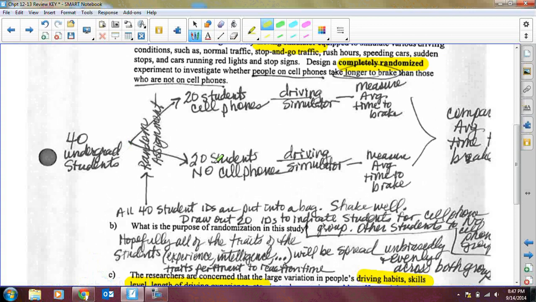All 40 student IDs are put in a big bag, shake well, and draw out 20 ID numbers to indicate the students for the cell phone group, the others to go to the no cell phone group. So we had 20 randomly assigned to each group. They go through the driving simulator, and then you measure the average time to brake. This is the response that you are measuring for both groups. You then compare that average time to brake. So that's a completely randomized design.